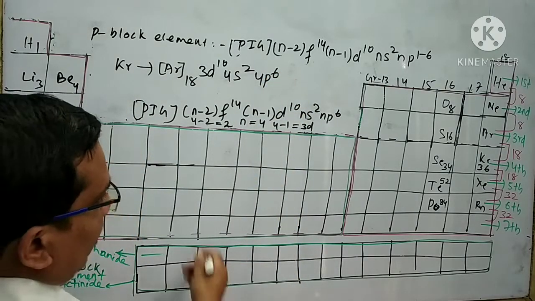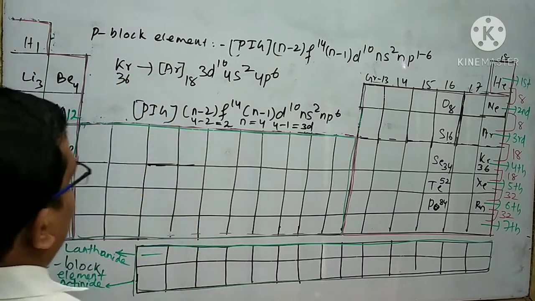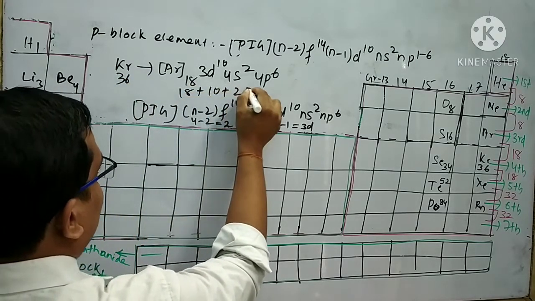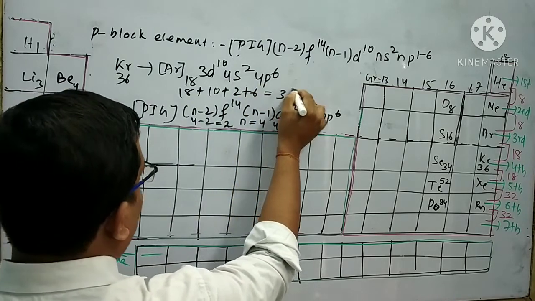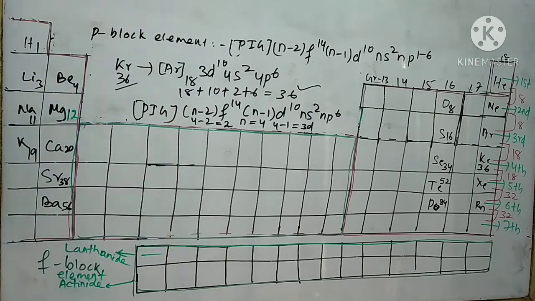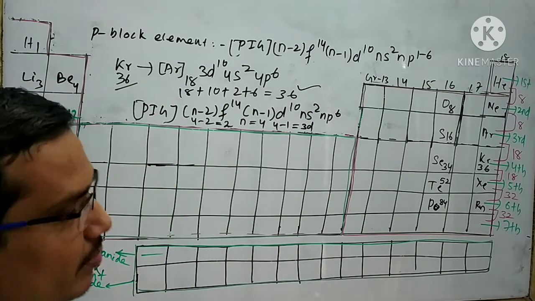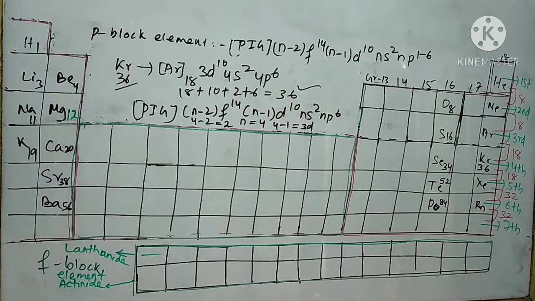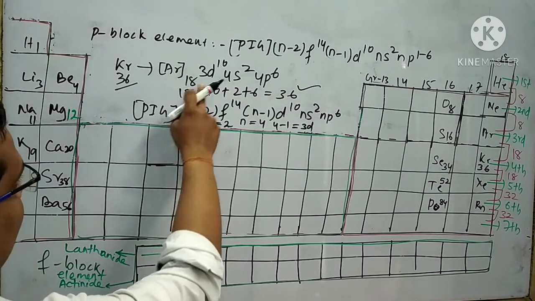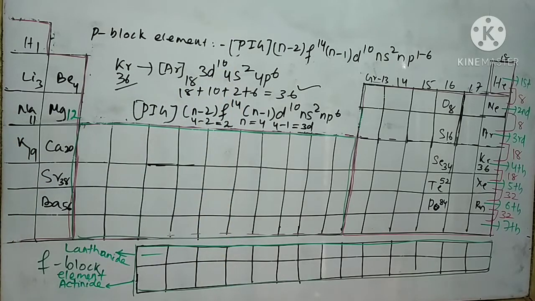The atomic number of krypton is 36. Now check that 18 plus 10 plus 2 plus 6 equal to 36, which is equal to the atomic number of krypton. So this electronic configuration is correct. Finally, the electronic configuration of krypton is argon 18, 3d10, 4s2, 4p6.